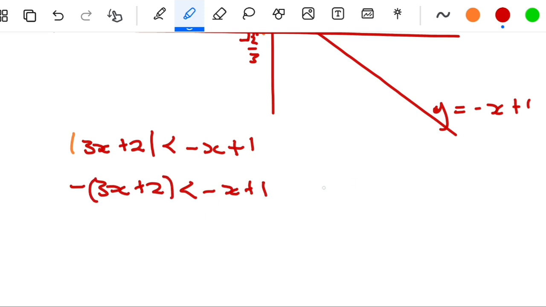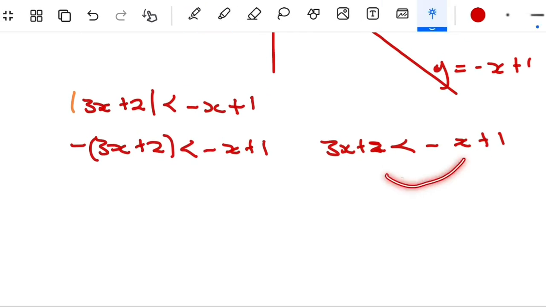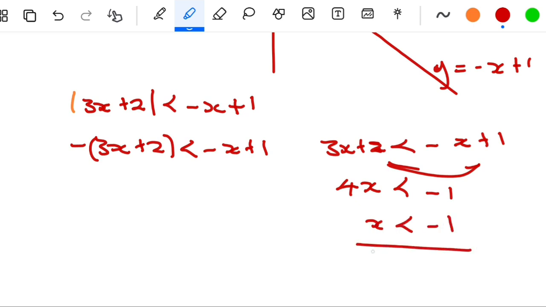And another part is 3x plus 2 less than negative x plus 1. I'm going to solve these two. First, this one: I'll leave x on one side, so it's going to be 4x less than, with this 2 going there, negative 1. So my x is less than negative 1, first one.